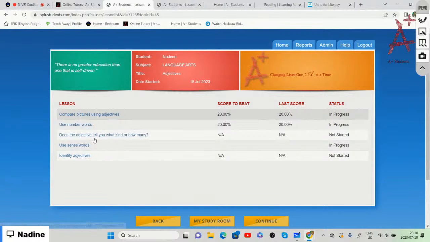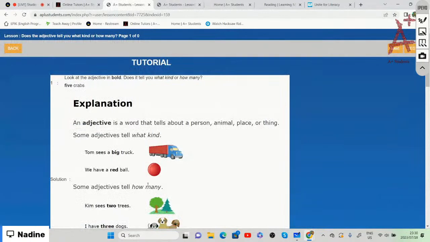So now, does the adjective tell us what kind or how many? This is once again an explanation plus examples telling us what an adjective is, and some that tell us what kind or how many.